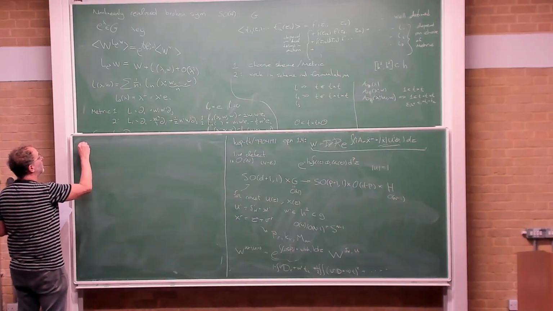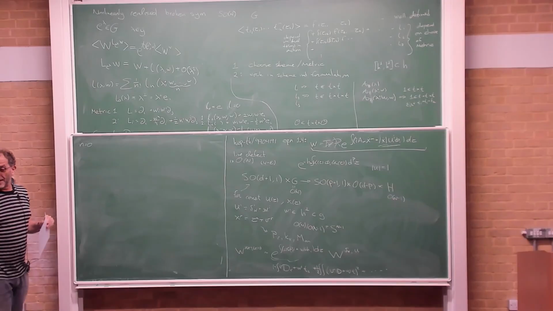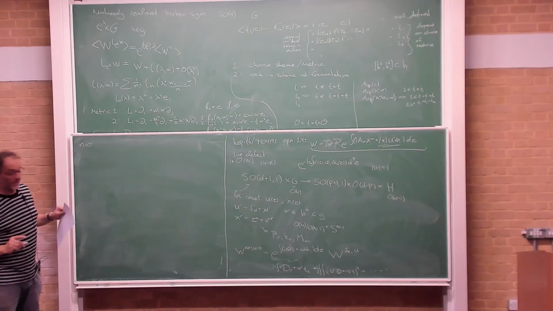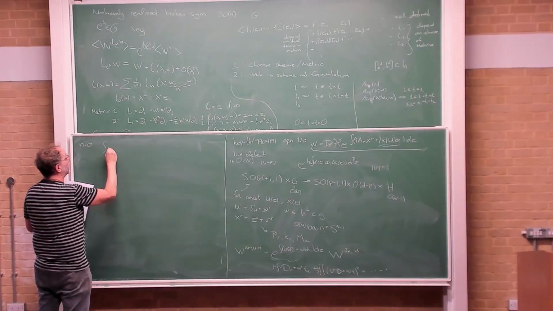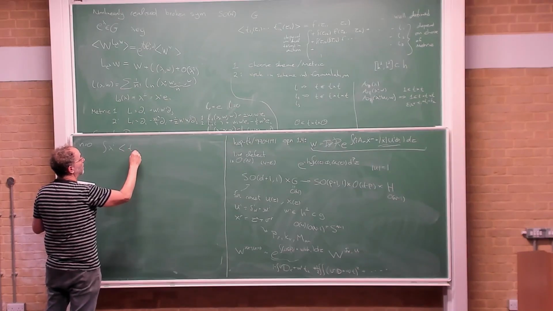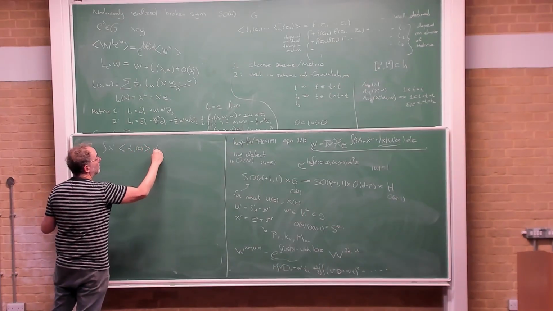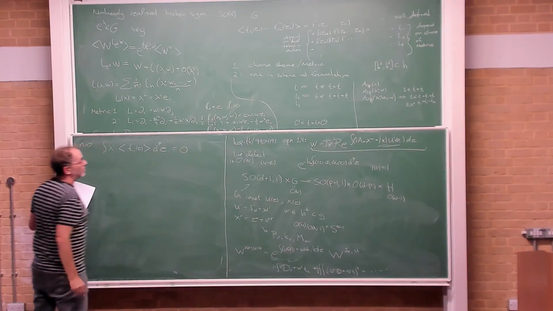So let's start with n equals 0. So I'm just acting with one global symmetry on my defect. So I can write it as the integral lambda I, expectation value of Ti tau dp tau, that is equal to 0.